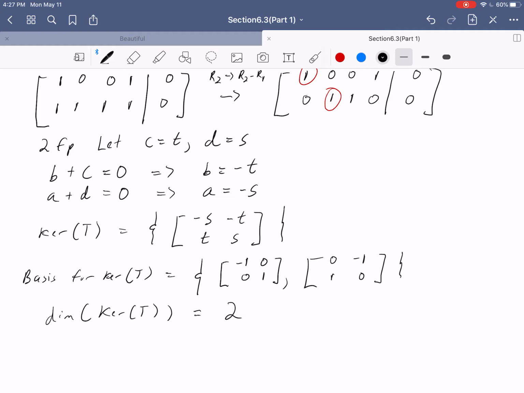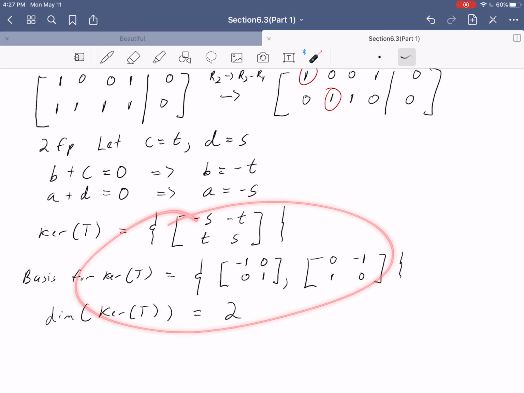So there we go. What we've done is we've gone through and found in general what the kernel looks like. Now let's go back real quick and make sure that the things we diagnosed as being elements of the kernel could be built out of things that look like this.